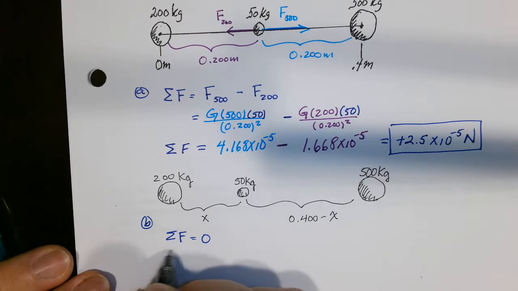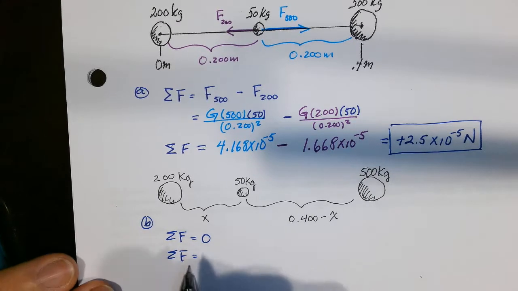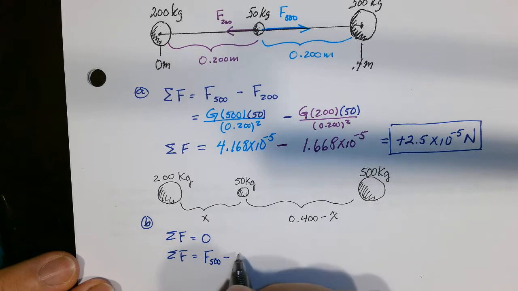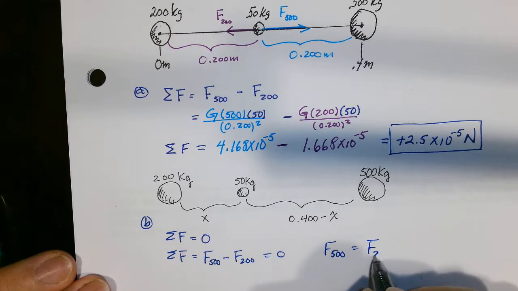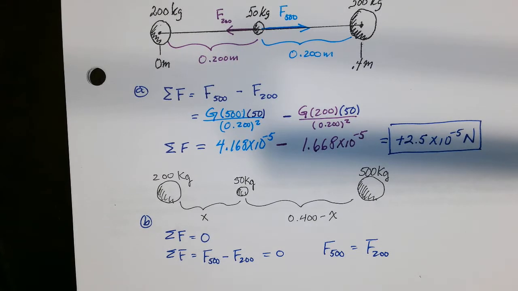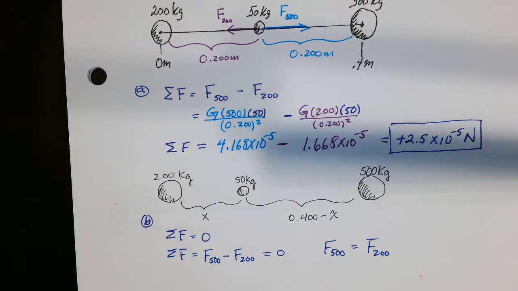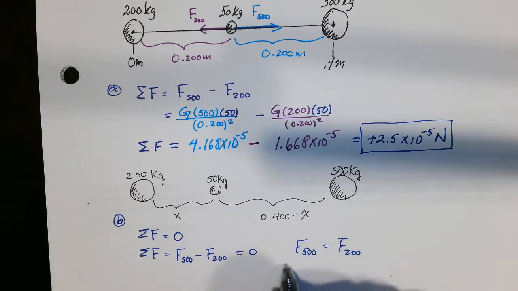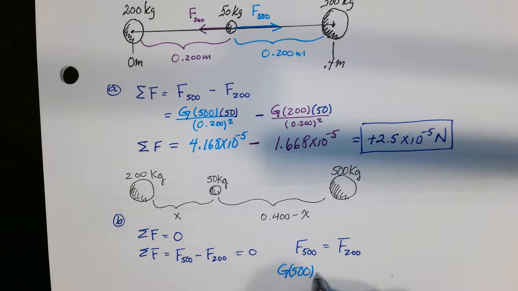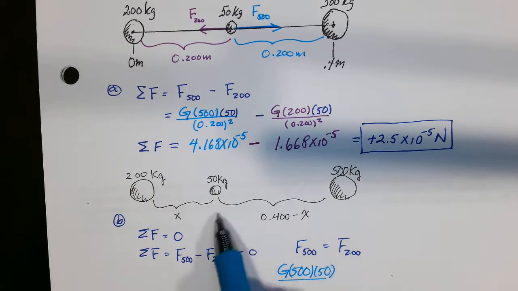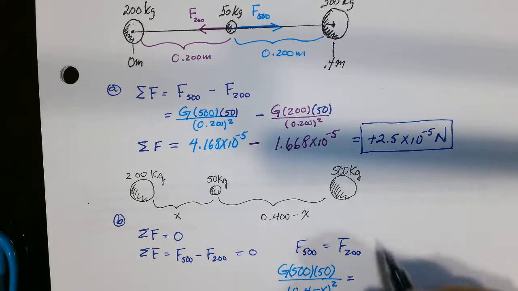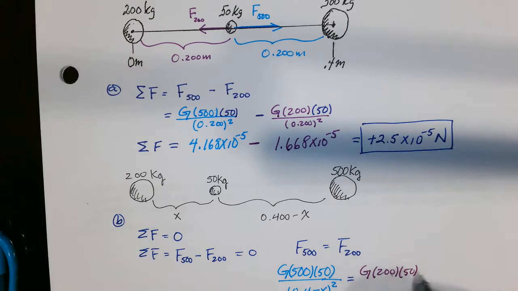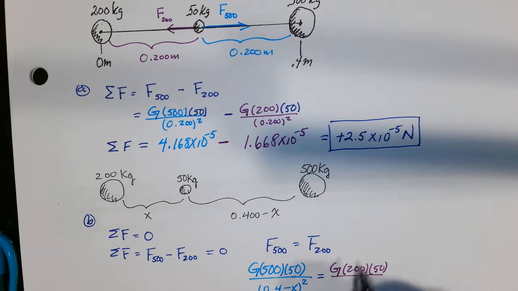Since the sum of all force is F500 minus F200, and it is equal to 0, F500 is equal to F200. So G times 500 times 50 over 0.4 minus x quantity squared must equal G times 200 times 50 divided by x squared.